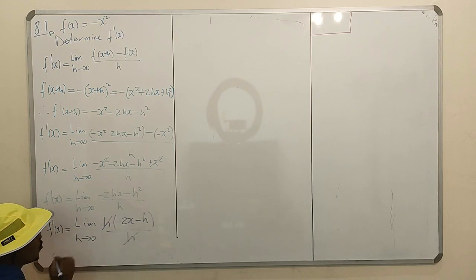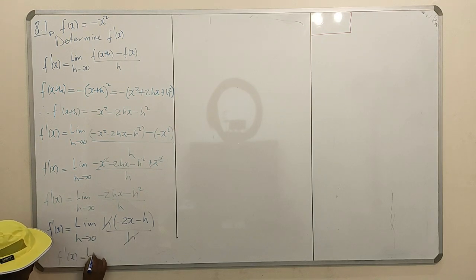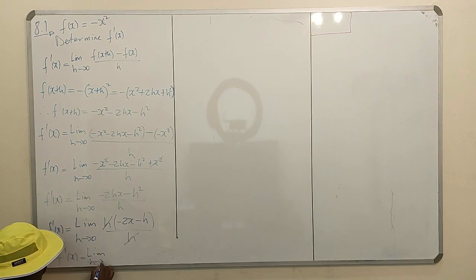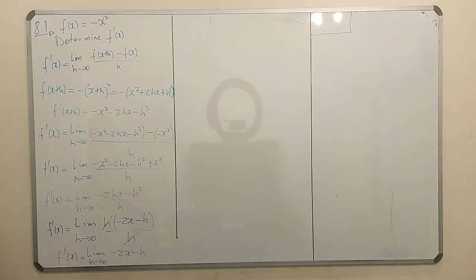And this and that go away. You're left with f prime at x is equal to the limit as h goes to 0 of minus 2x minus h. That's what we're left with.